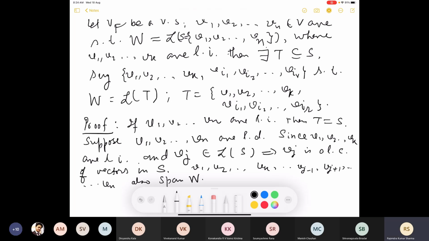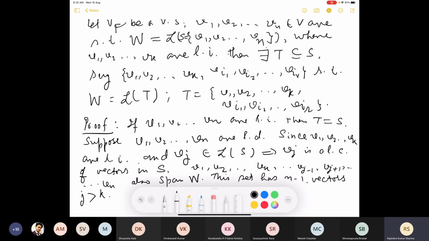Now this set has n minus 1 vectors, and these n minus 1 vectors span W. So W is the linear span of this, and this index j is naturally greater than k.